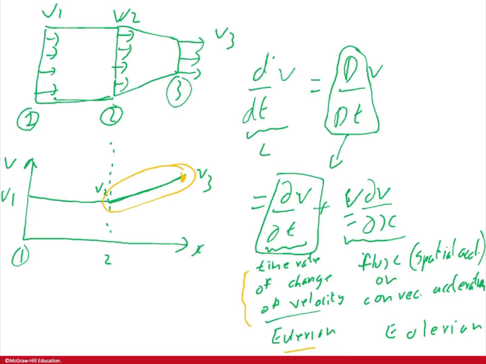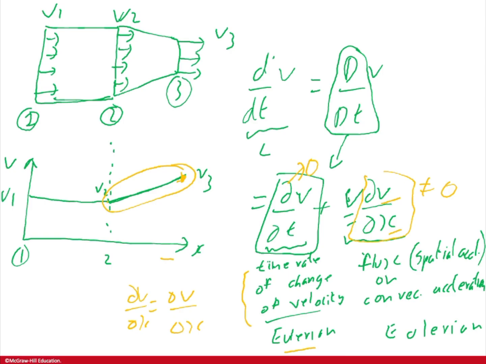So for a given location, there is no change in velocity with time. So this term actually goes to 0, right? Now, when you look at this term, this is the non-zero term, because this is talking about velocity changing with space. So ∂v/∂x is nothing but change in velocity with change in space, right?